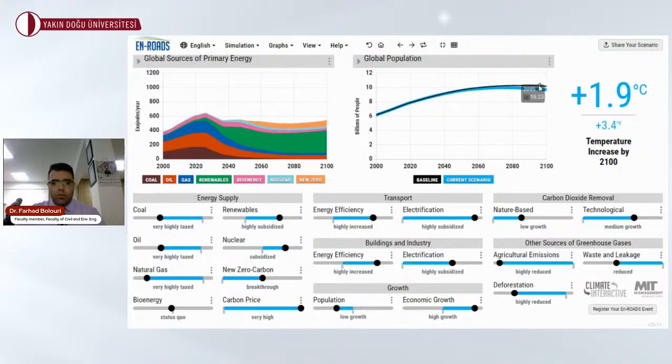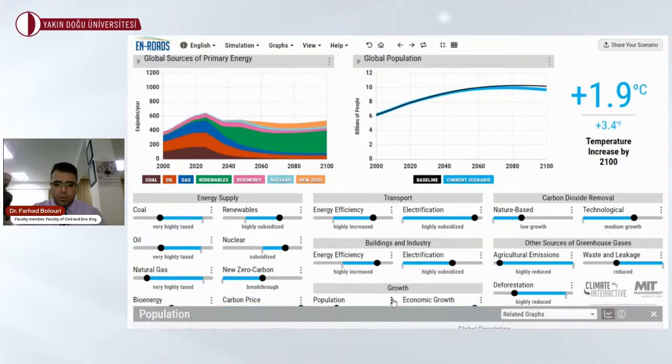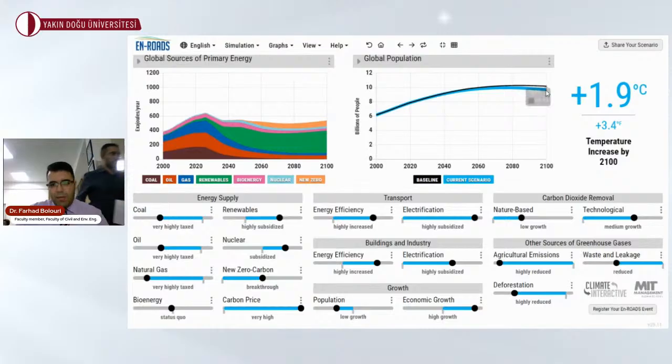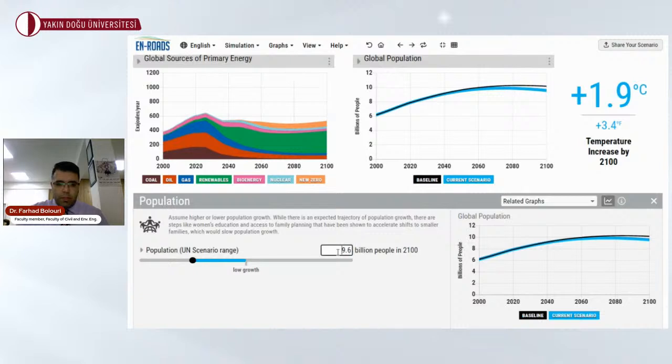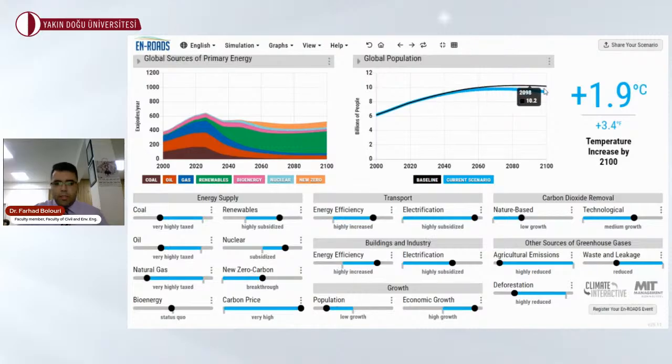You say no, government can do something so that it comes to 9.5 billion people, for example. And for exact numbers, if you couldn't do it from here, you must come to these three dots and put it here. For example, you say 9.4. And if you click Enter, you can see it comes to exactly that one.